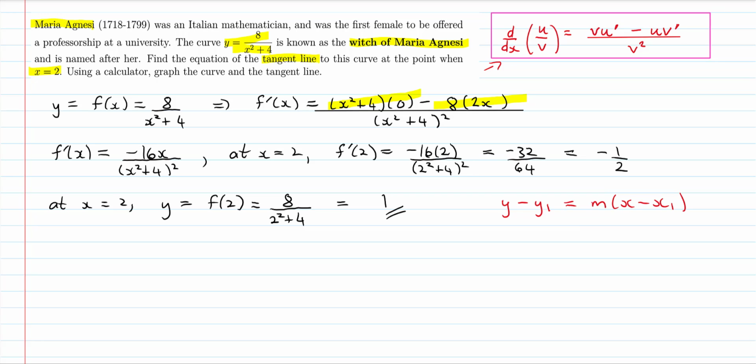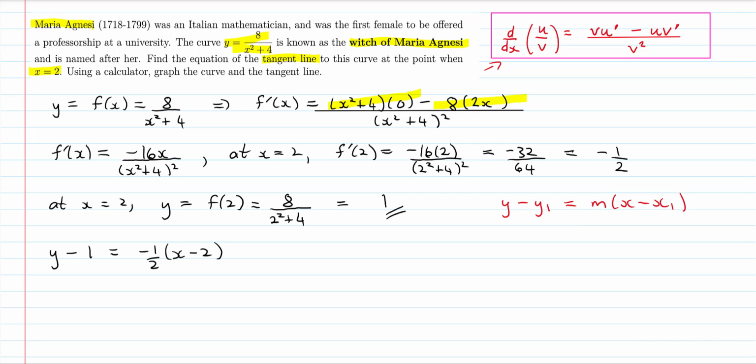For our tangent line, the gradient is negative 1 over 2, and the point on the line is 2, 1, so x1 is 2 and y1 is 1. So the equation of our tangent line is y minus 1 is equal to negative 1 over 2 times x minus 2.